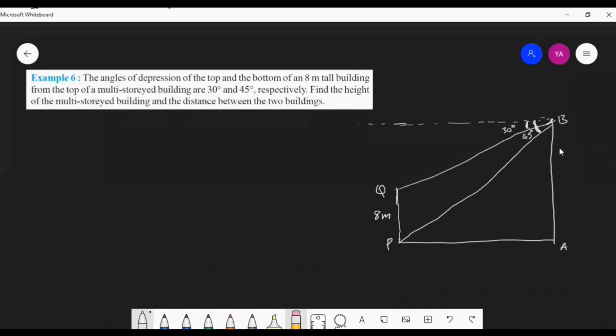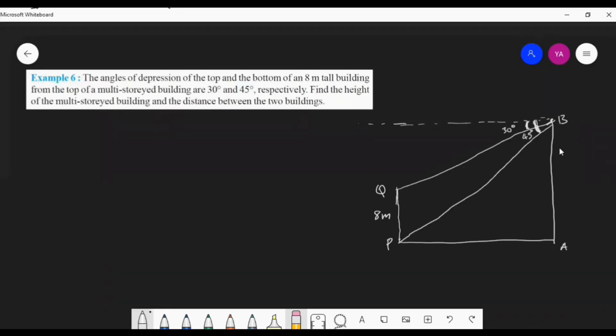So if you look from the top of the multi-storied building from B, you can see the top of the small building at a depression 30 degree. So you can mark 30 degree here. The line of sight is BQ at that time. And when we look to the bottom of the small building, the line of sight is BP. The angle made by BP with the horizontal, I marked here 45 degree, that is also given.